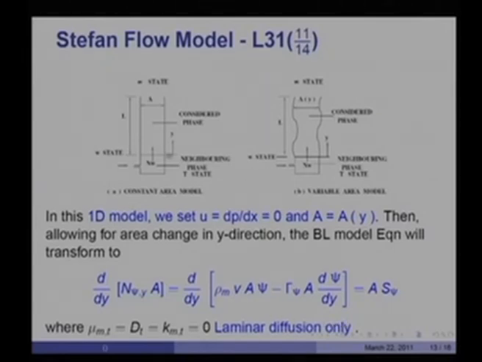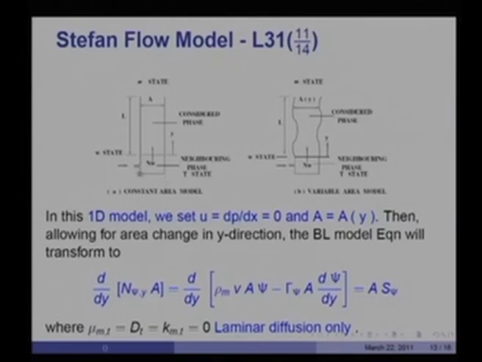Now, notice the nature of the model. I have said this is the interface, let us say this is water and this is the stagnant air over it. In the infinity state, I may have air of any relative humidity less than 100%, so that the mass transfer will take place. But as the mass transfer takes place, the level of the water would go on decreasing, or the length L would go on changing.